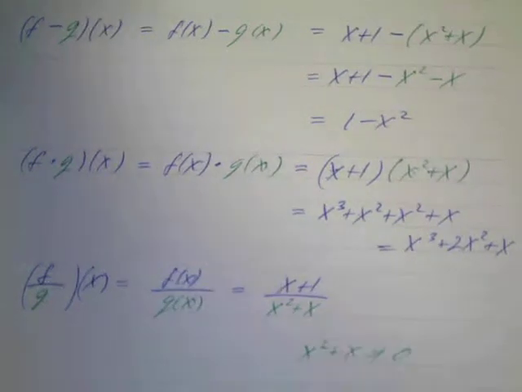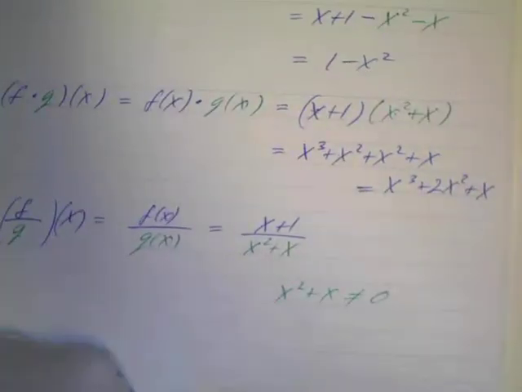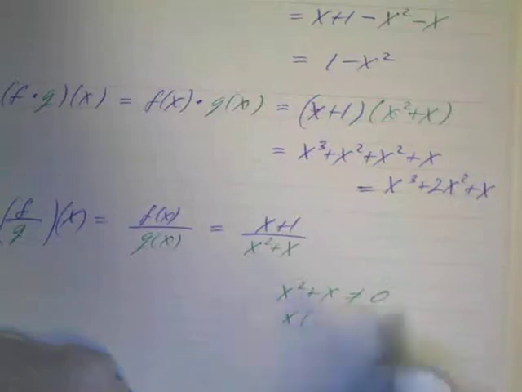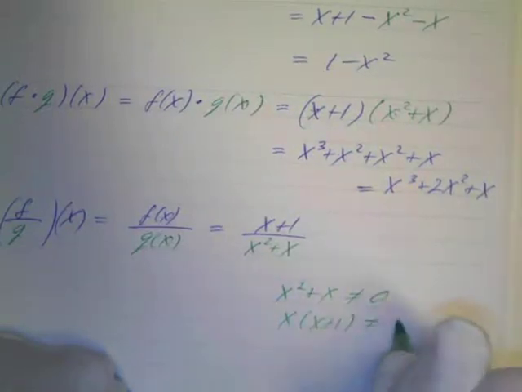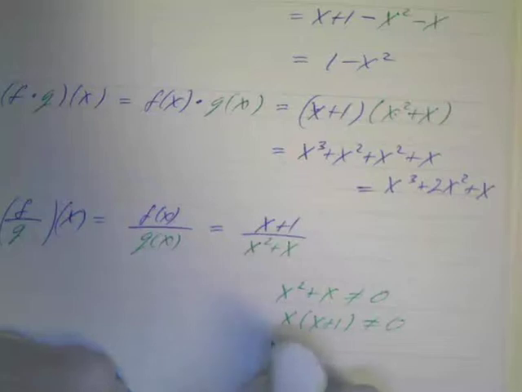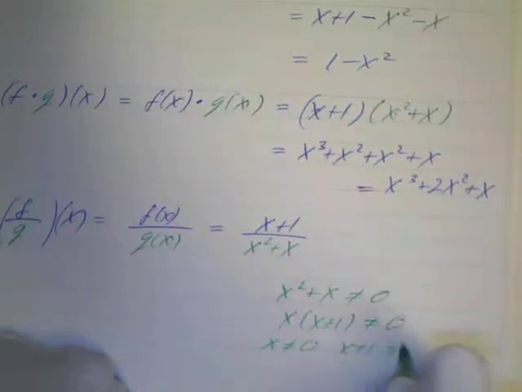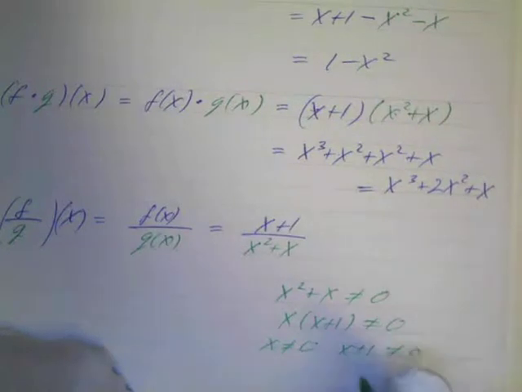Now we could factor an x out, and this is the same thing as x times x plus 1 cannot equal 0. That means x cannot equal 0 and x plus 1 cannot equal 0. So if I subtract 1 from both sides, x cannot equal negative 1.